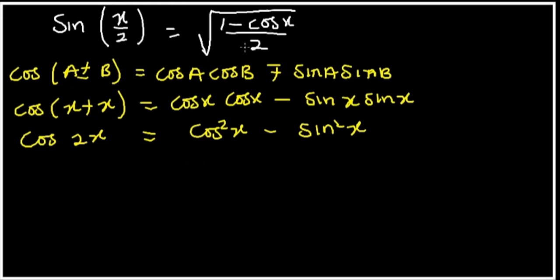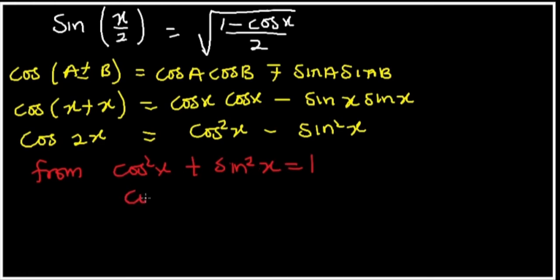Now recall from our very first trig identity, cos square x plus sine square x is equal to 1, which means that cos square x can be 1 minus sine square x. Just collect like terms. So in that case, instead of writing cos square x here, I can decide to write 1 minus sine square x.